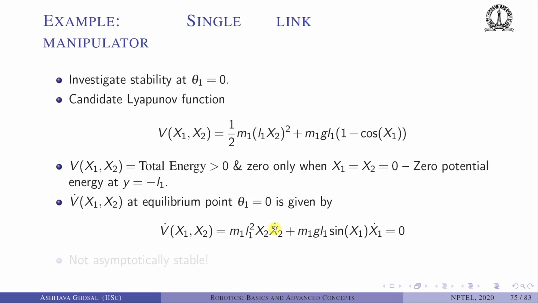So the derivative is not less than 0. So strictly speaking, it is not asymptotically stable. Does it make sense? Yes. If I perturb this bob by some angle and leave it, it will keep on oscillating. It will not go to the equilibrium point, which is vertically downwards.